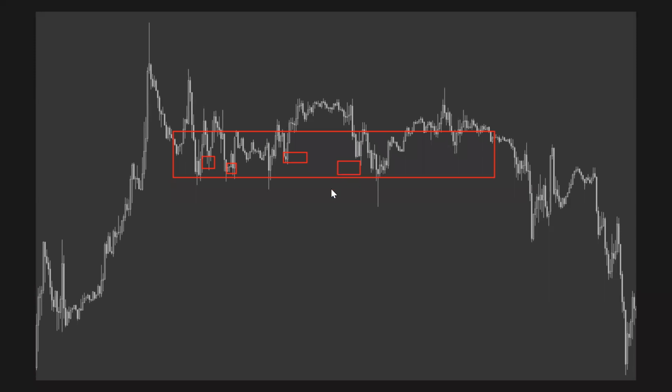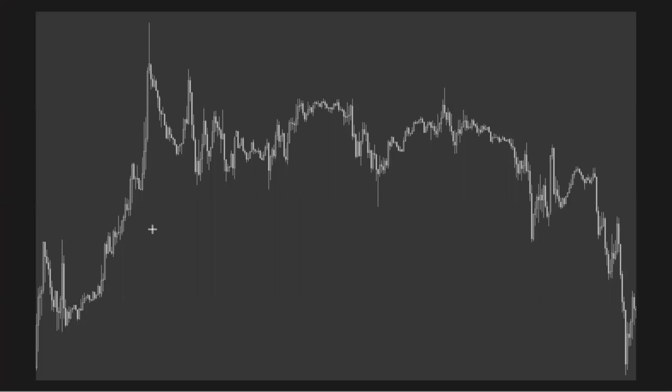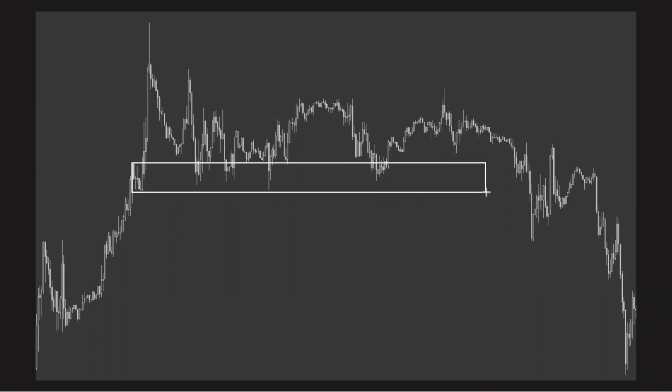Okay, so this is a trade I took on GBPUSD cable a while ago now, just to demonstrate what I'm trying to get across. So there's your flag limit, okay?